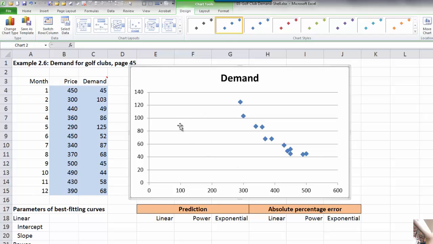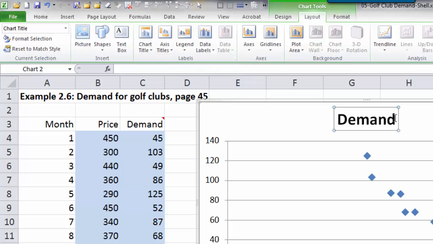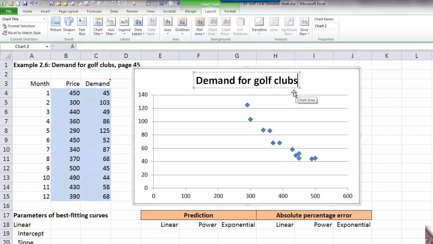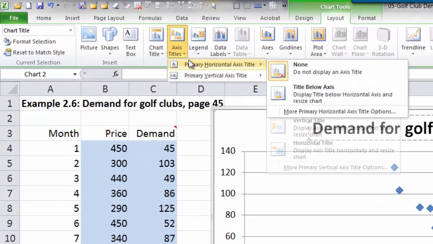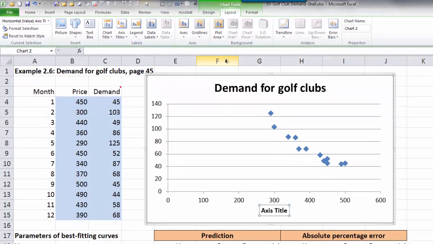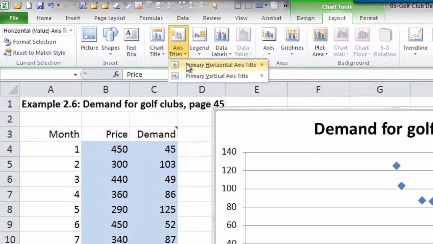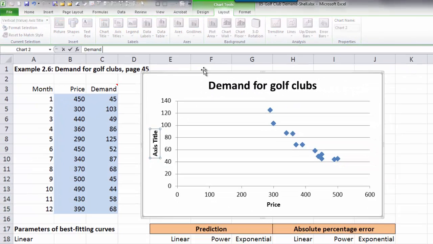Now we can do some formatting here. First, the chart title, let's call that demand for golf clubs, and then the x-axis is price, and the vertical axis is demand per month.